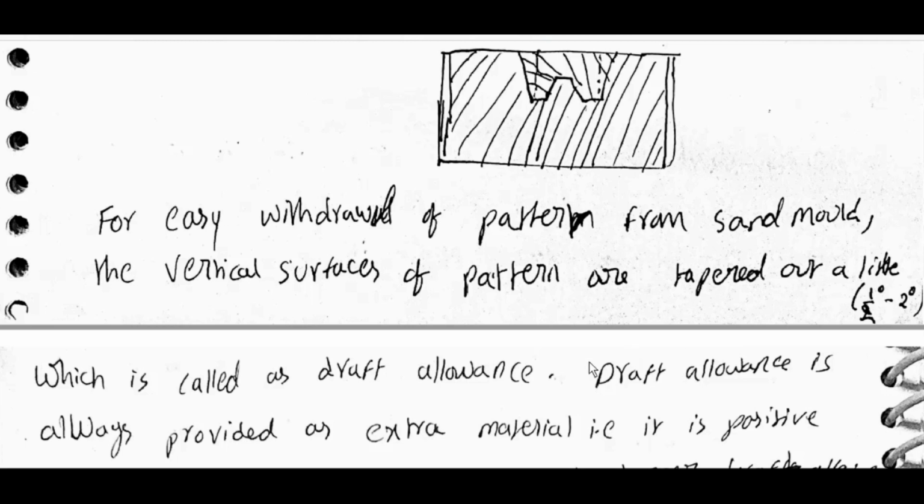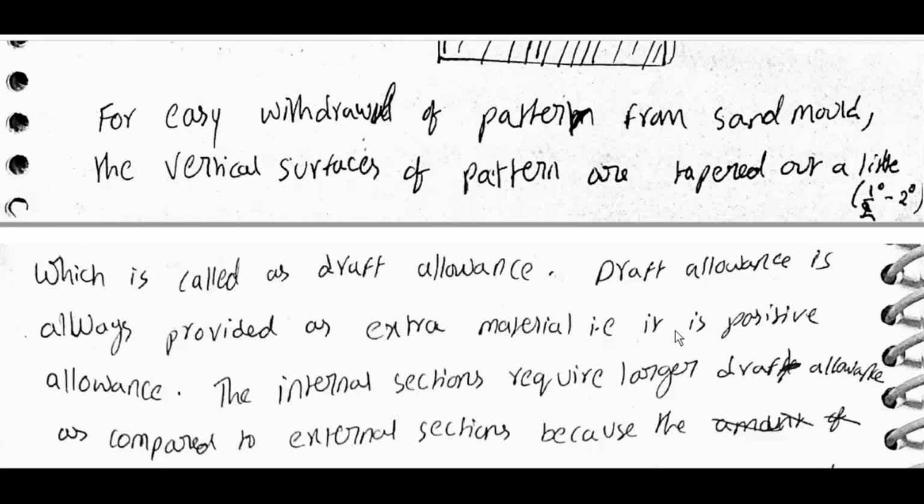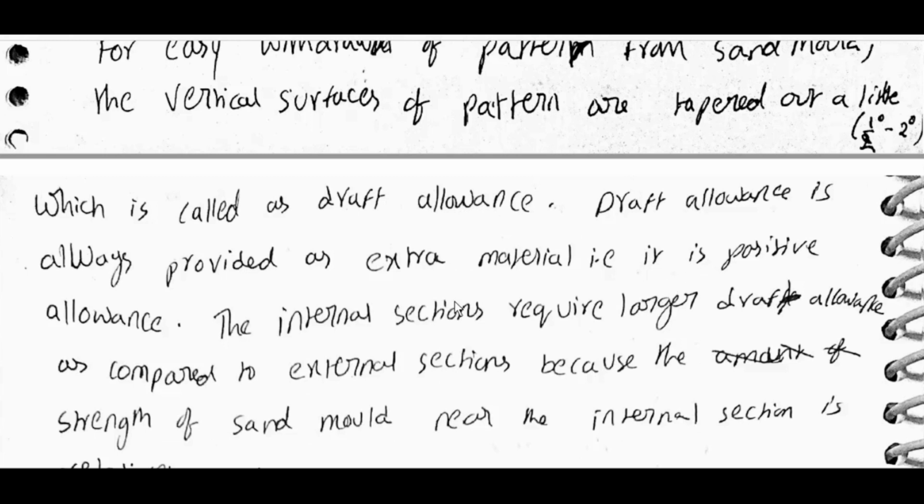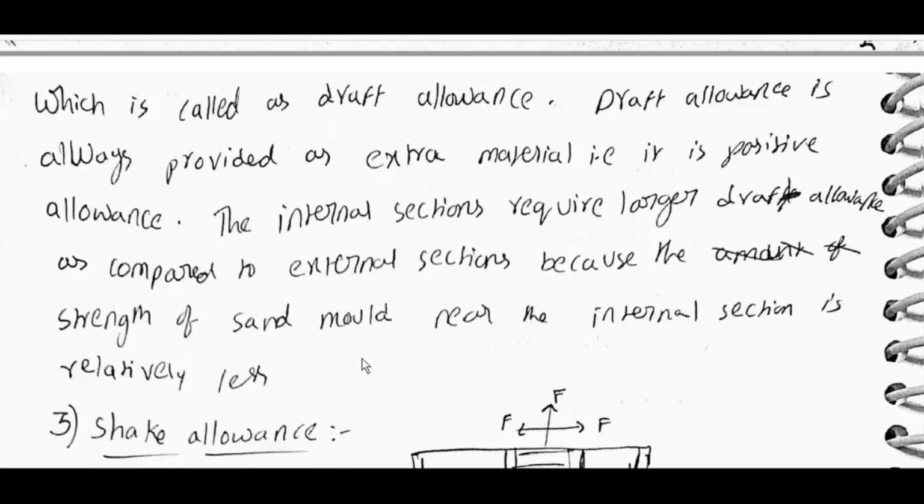Draft allowance is always provided as extra material, that is, it is a positive allowance. Internal sections require larger draft allowance compared to external sections, because the strength of the sand mold near the inner section is relatively less.